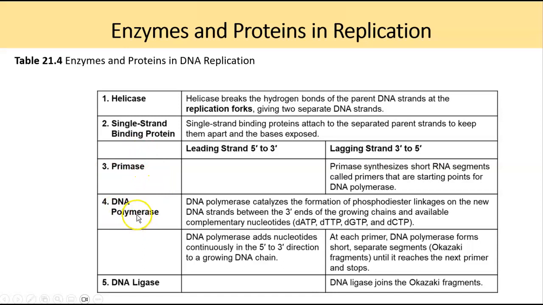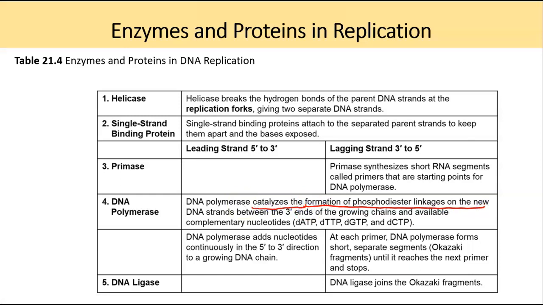DNA polymerase polymerizes both leading strand and lagging strand. So it will catalyze the formation of the phosphodiester linkages on the new DNA strands. So that is the role of the DNA polymerase enzyme.